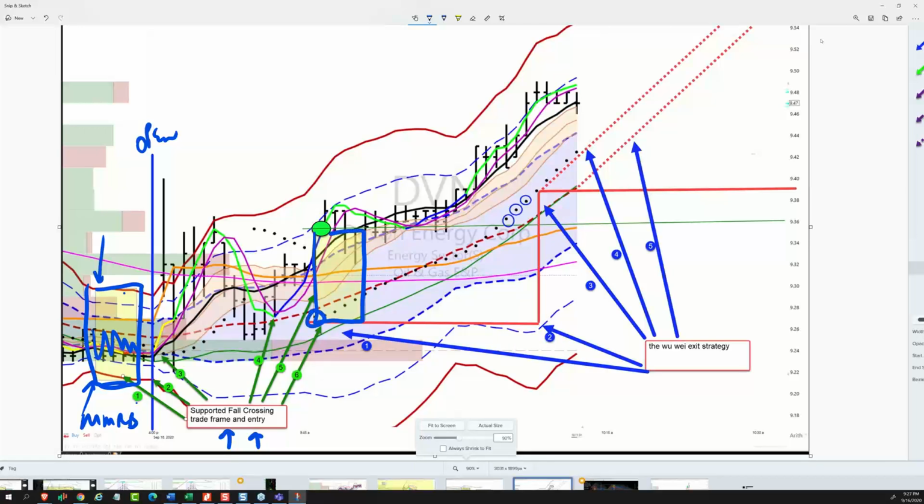So that feels good. So number one was the MMRB. Number two was the open, and then the immediate price action starting to go up. Number three is I see there's a PSAR flip. The previous PSAR was here, and then it flipped down to here. So number three is the PSAR is flipping up.